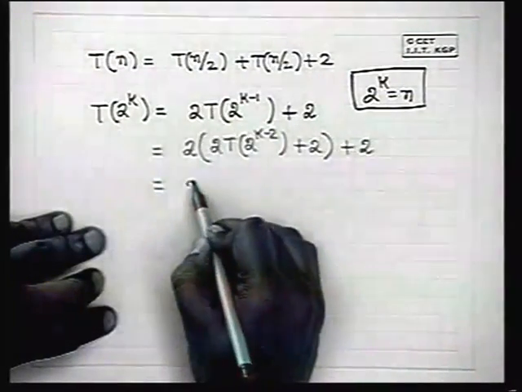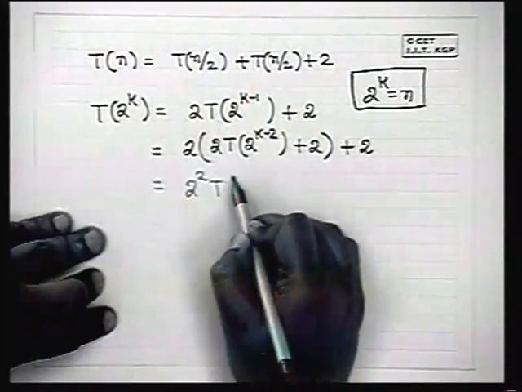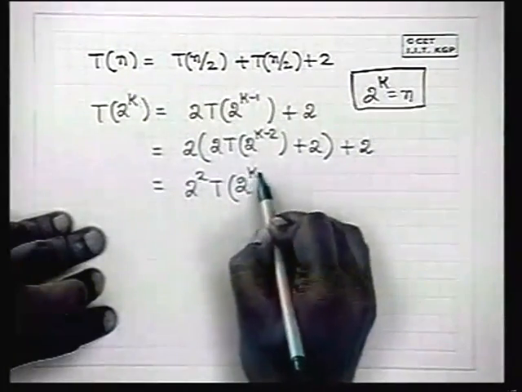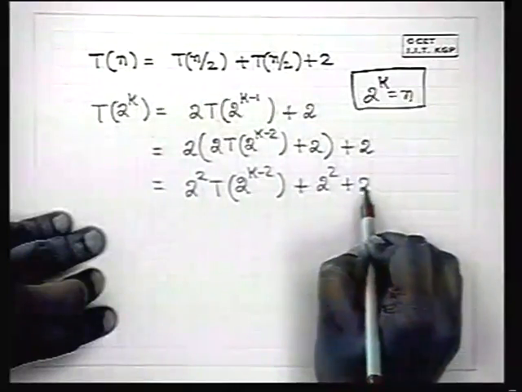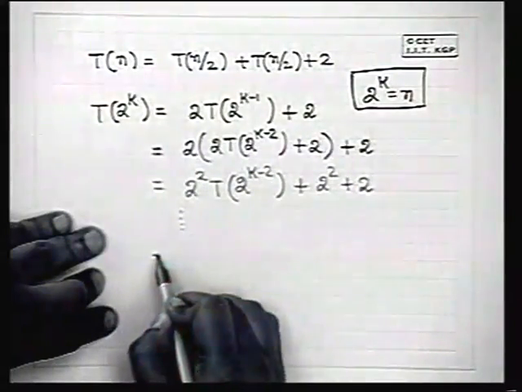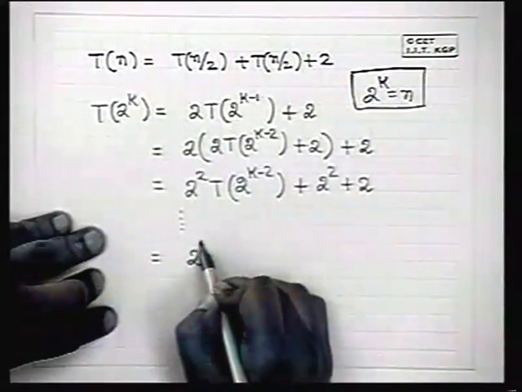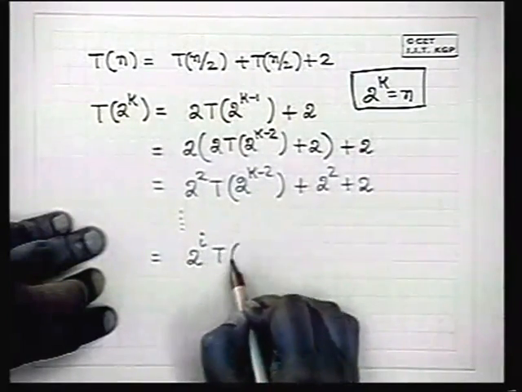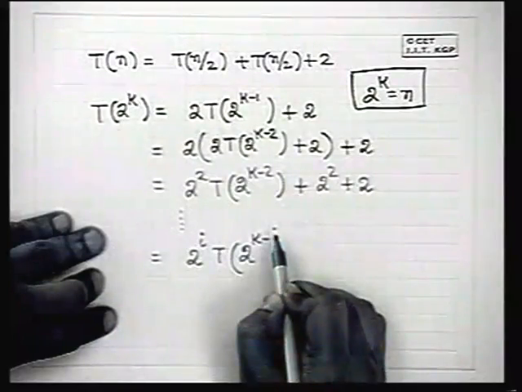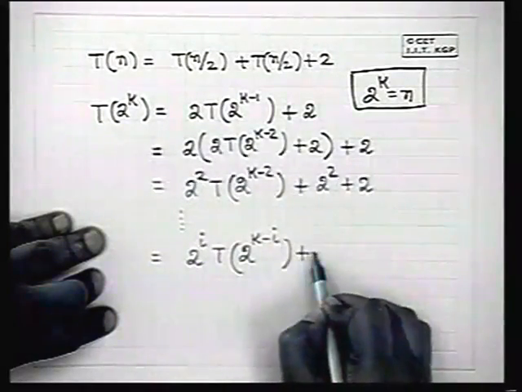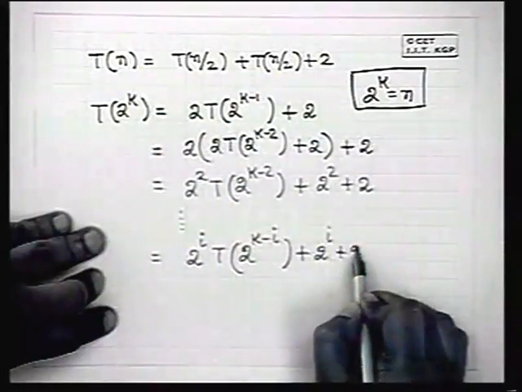So that is equal to 2 square T(2^(k-2)) plus 2 square plus 2, and in general 2 to the power i T(2^(k-i)) plus 2 to the power i.